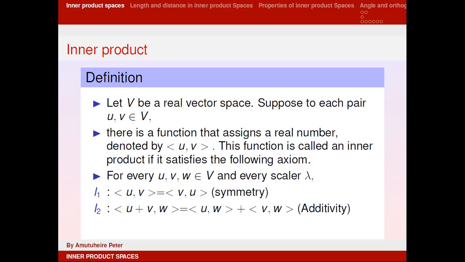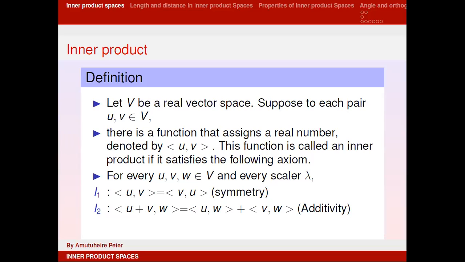There are 4 properties, and because we will be referring to them throughout this work, that's why we are labeling them. I1 is that the inner product of u and v is the same as the inner product of v and u. That property is called the symmetry property.